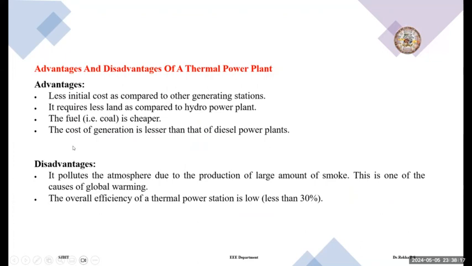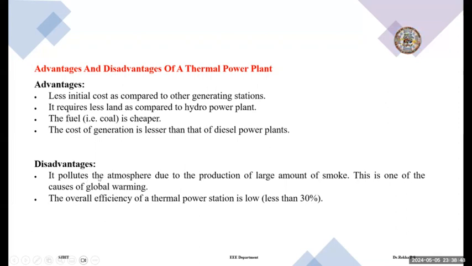The next advantage is that the fuel used is coal, which is cheaper. Next, the cost of generation is lesser than that of diesel power plants. So these are a few advantages: cost, land, fuel, and generation cost.